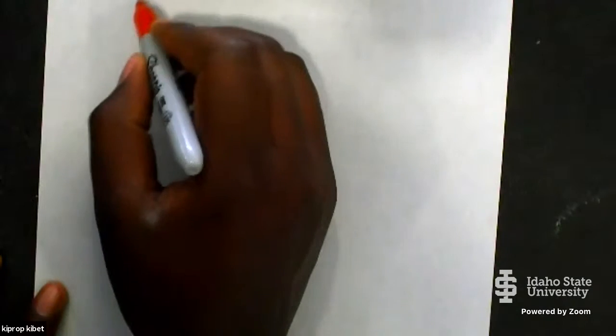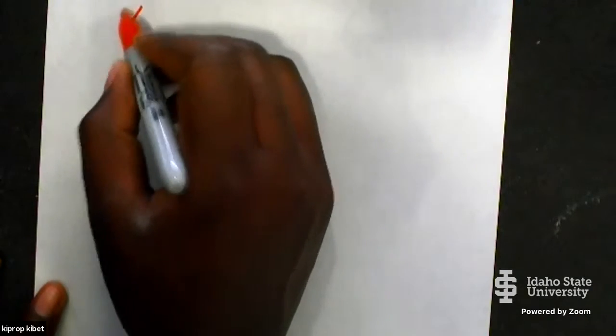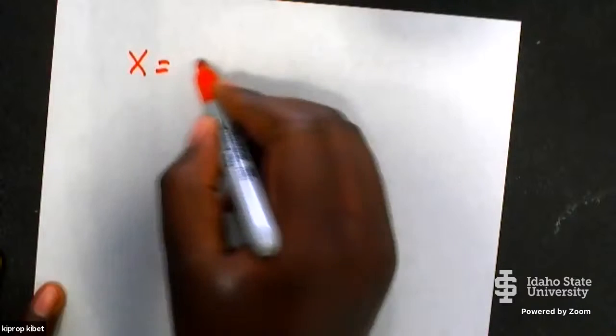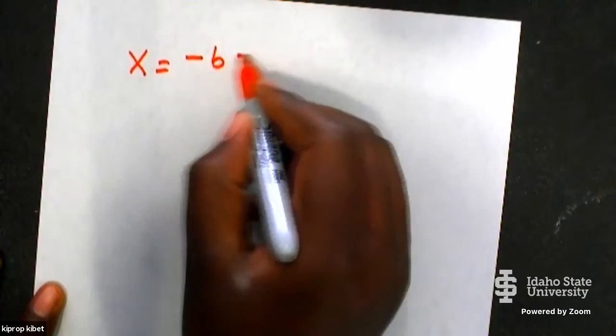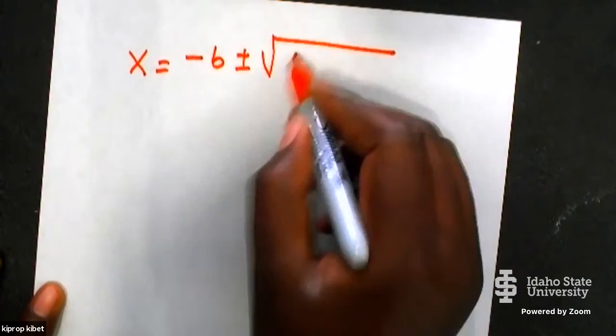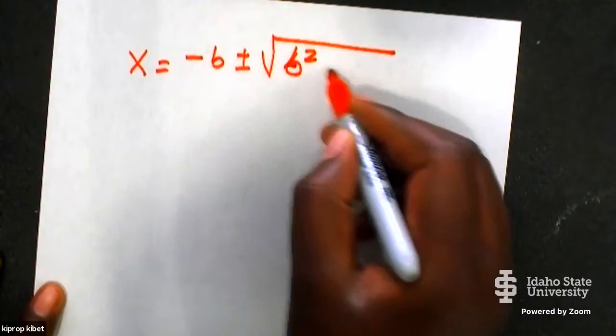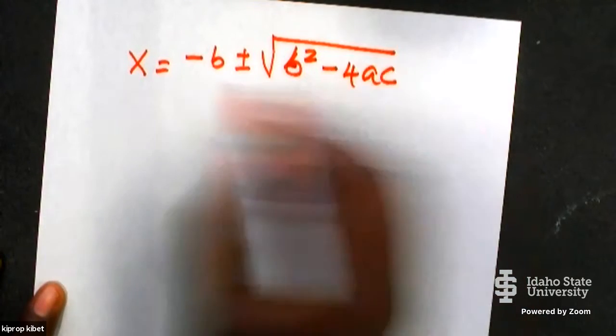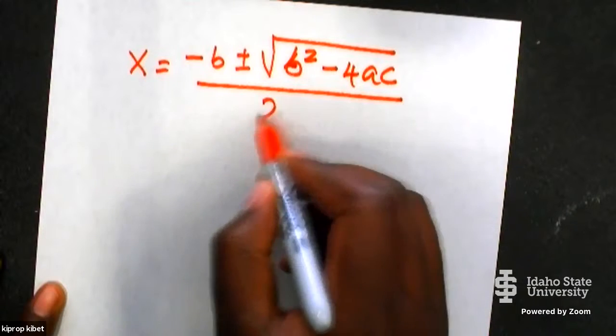Again, the discriminant. If we review the discriminant, it always comes from x equals minus b plus or minus the square root of b squared minus 4ac, all over 2a.